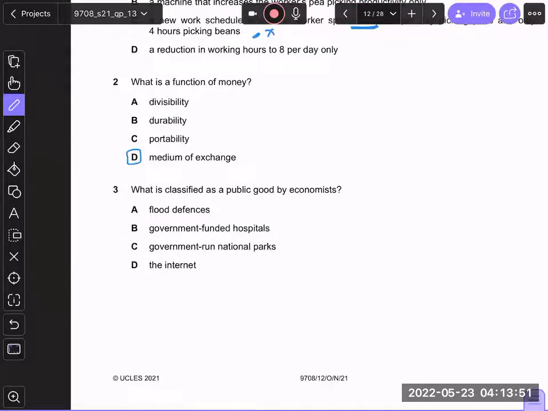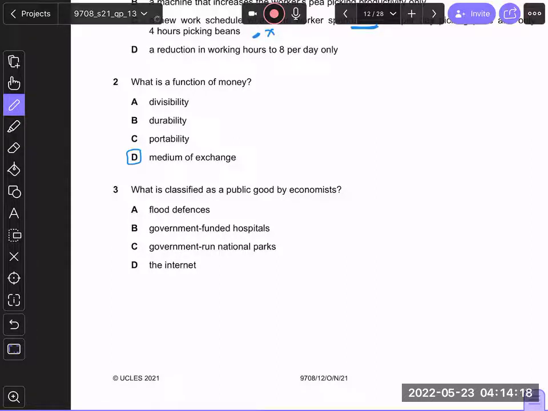What is classified as a public good by an economist? Yes, what will be a public good? Non-rival or non-excludable as well. Flood defenses, government-funded hospitals, government-run national parks, the internet. Something that is non-rival and non-excludable as well.